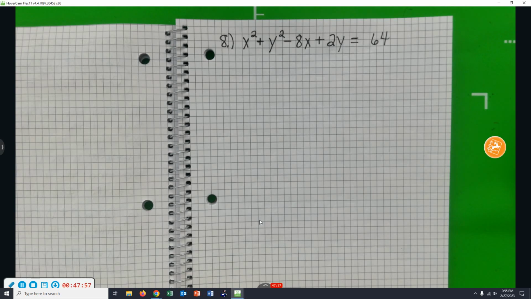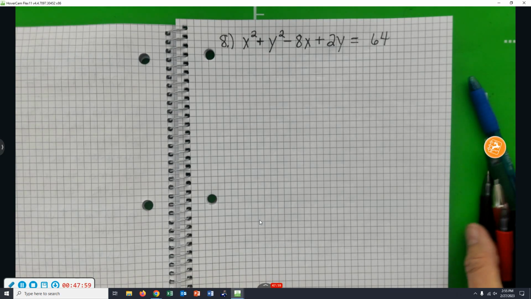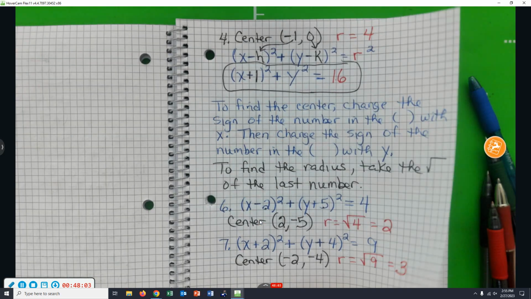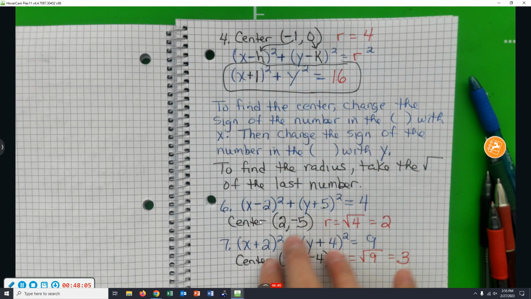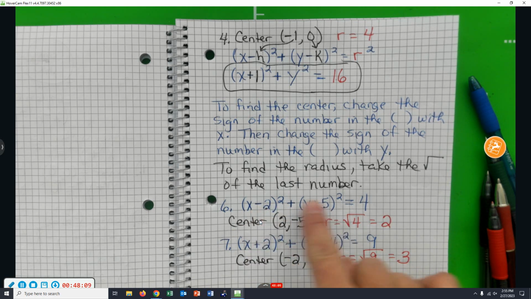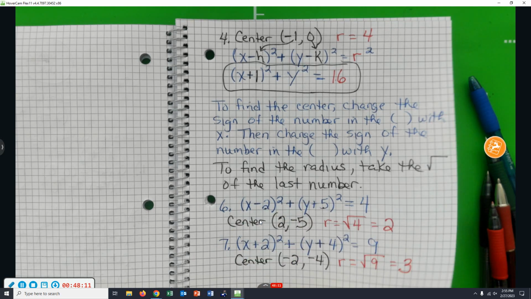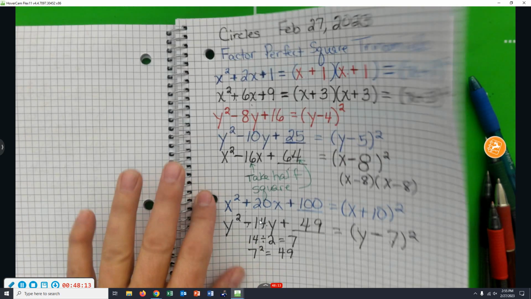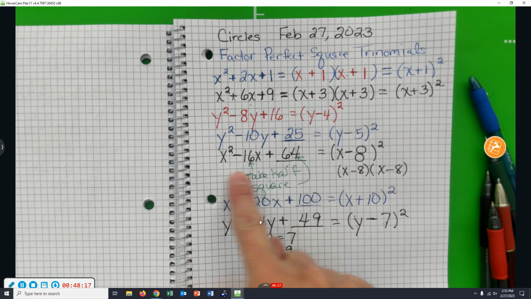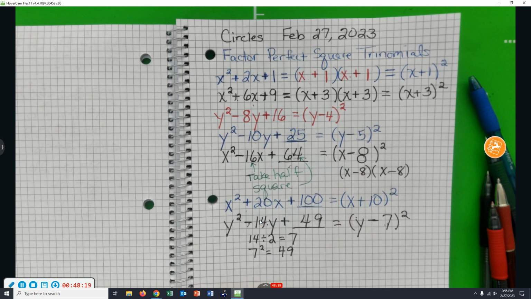Now, our goal here is to take this equation and rewrite it so it looks like problems 6 and 7, with 2 sets of parentheses and a number on the right. We're going to do what we were doing over here, which is called completing the square.